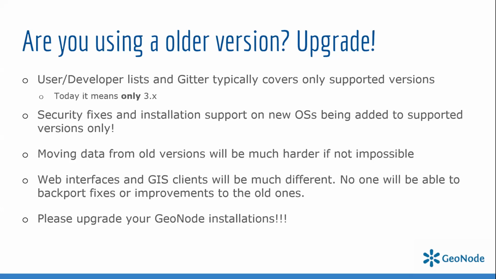Other than this, if you want to have the latest functionalities, you will find them only from GeoNode 3.0 and above. So the development on GeoNode 2.10 is not supported anymore.